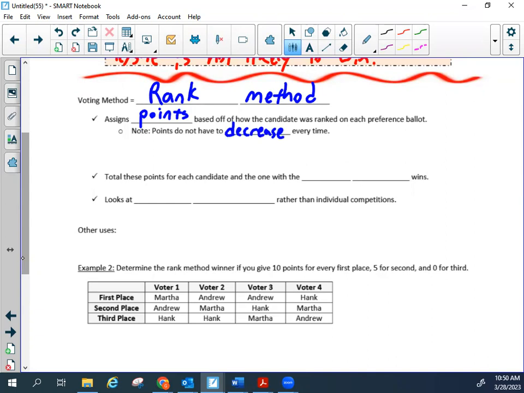So what we do is we add up the points, most points wins. So what we do is we look at the total goals rather than the individual competitions.